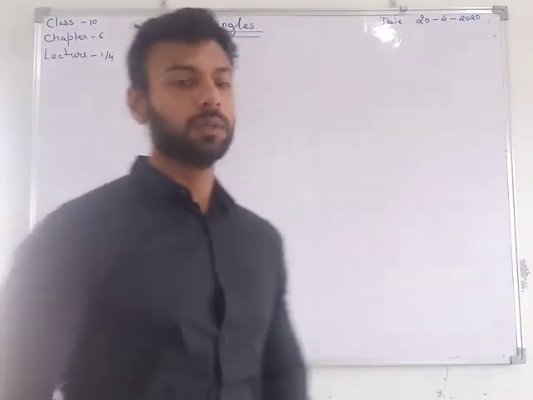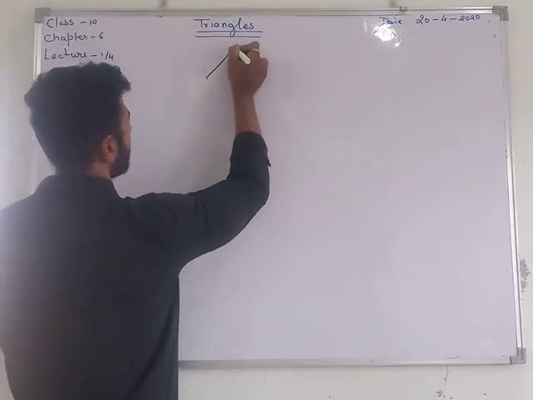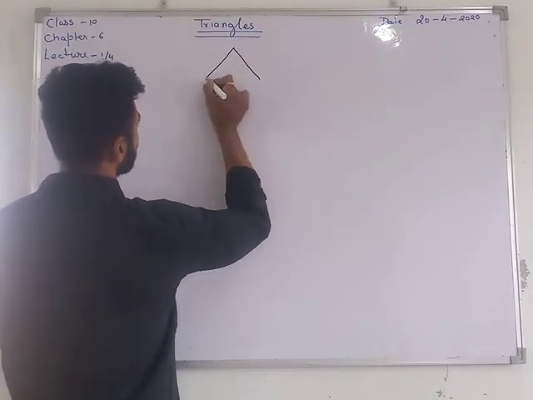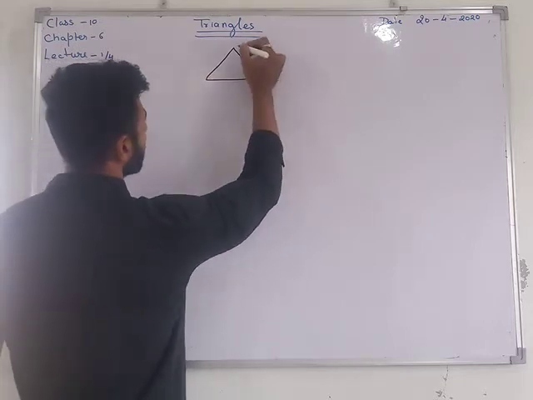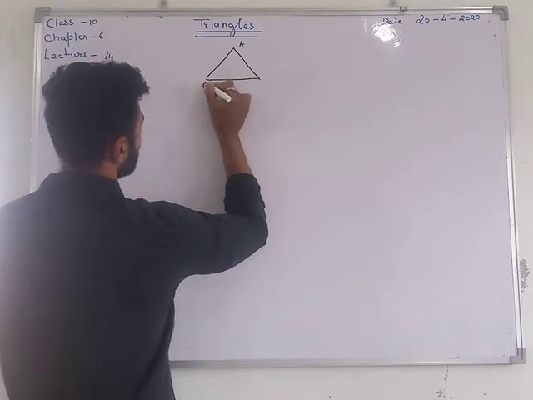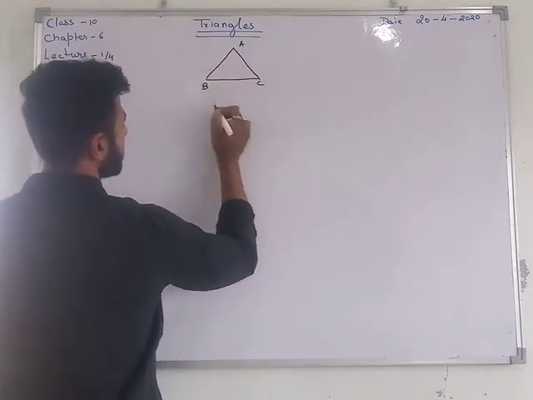As you all know, a triangle is a geometry with three sides. Triangle with the three sides, named A, B, C. We are having the three vertices.